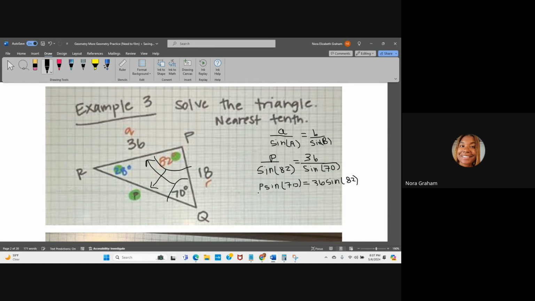Okay, so now I want to solve for my P. Remember, we want to isolate our P and get it all by itself. This is back to algebra days. Since that P is being multiplied by that sine of 70, I'm going to divide both sides by that sine of 70.